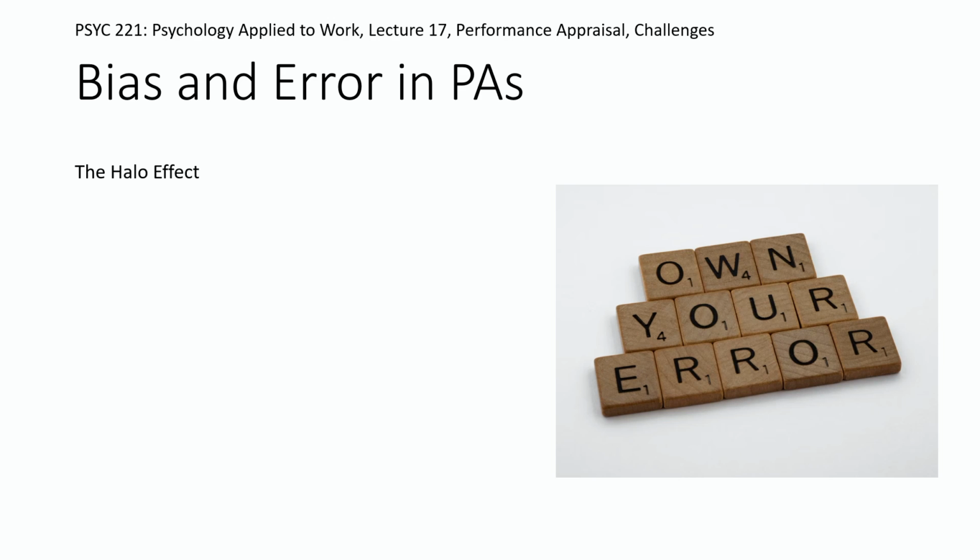So this term bias gets used a lot. You hear implicit bias, which is a bias that you're not necessarily consciously aware of, at least not when it's working and influencing your judgment.